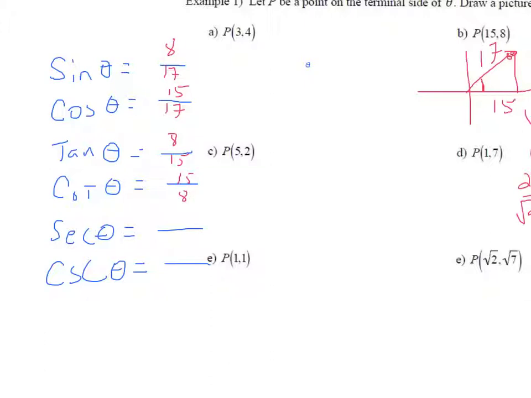So that's 15 over 8, and then 17 over 15, and then 17 over 8. Okay? So the rest of these are the same kind of idea. You'll have to find the hypotenuse. This one's a little bit different, so probably we ought to do these last two.